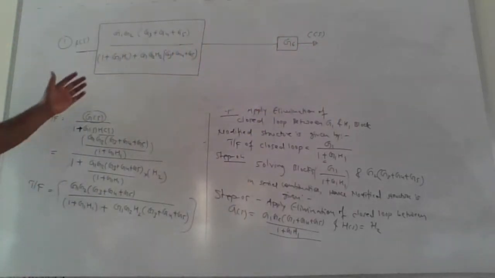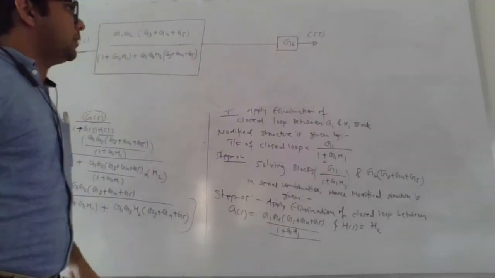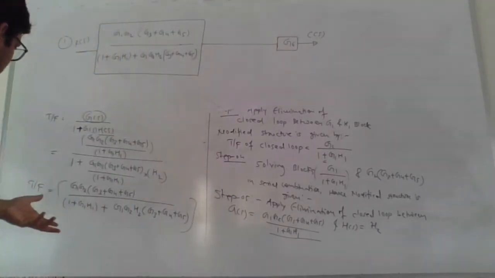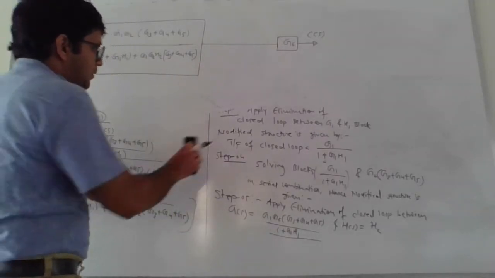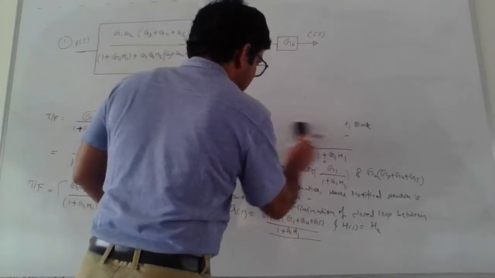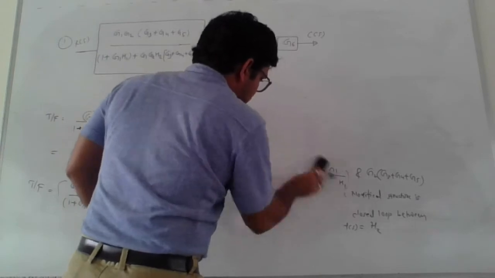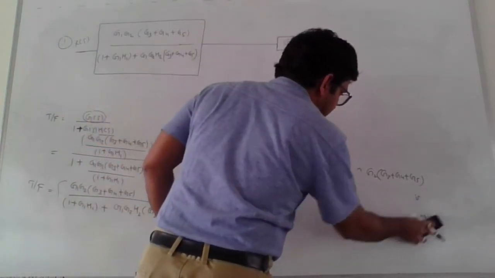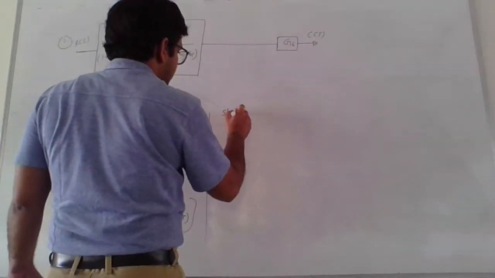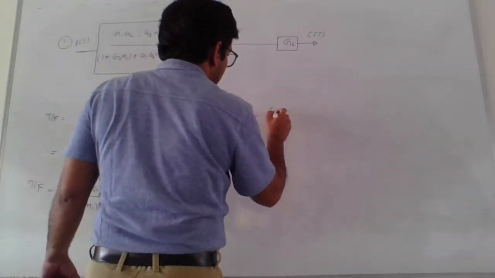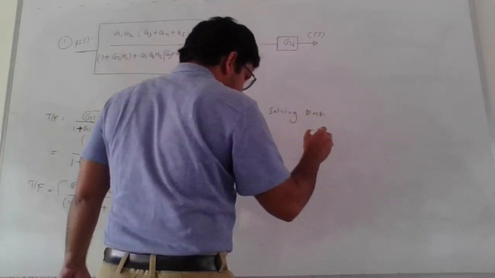Now it is very simple. This block and this block are exactly in series combination. So definitely the last step, or you can say step number 6, is solving blocks. So here I am writing step number 6, solving blocks.